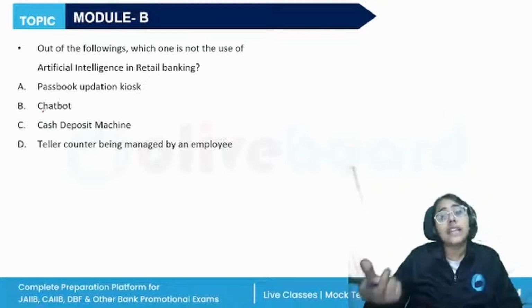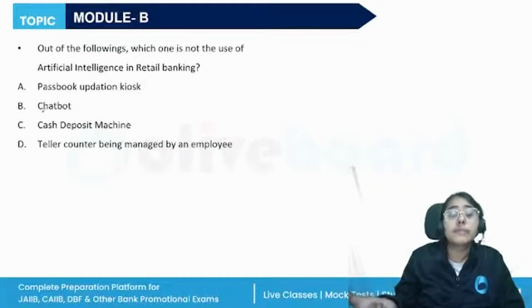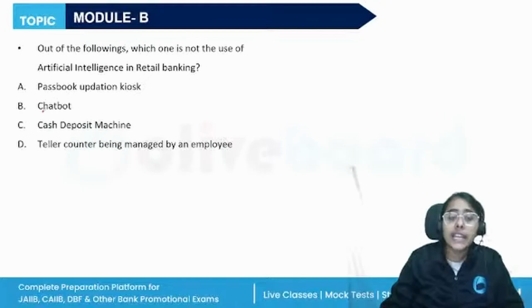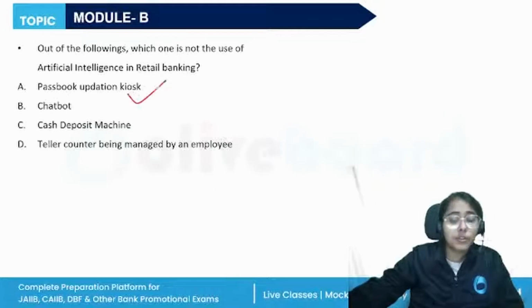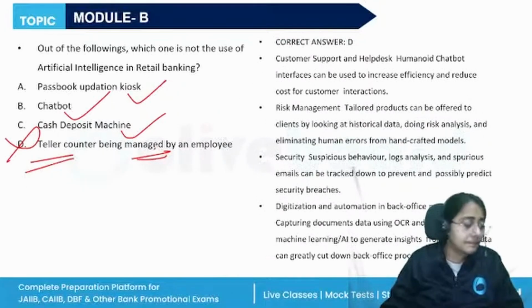Here you need to understand the difference between AI and automation, the difference between artificial intelligence and natural intelligence, which is possessed by human beings. So, areas where artificial intelligence is being used are passbook updation kiosk, chatbot, cash deposit machine, but teller counter being managed by an employee is not an area.